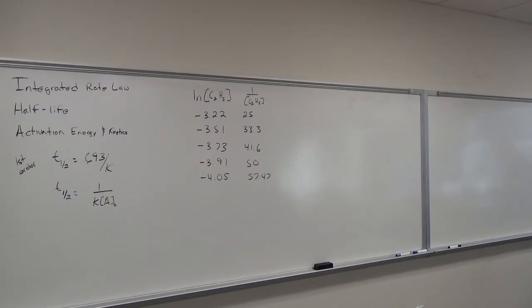Now, you need to know that maybe this is 1 over t. Either way, your graph is still going to be the same. But you can still, let me go back.